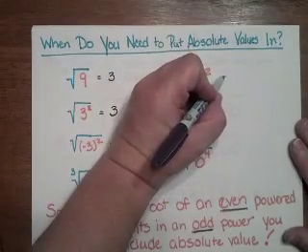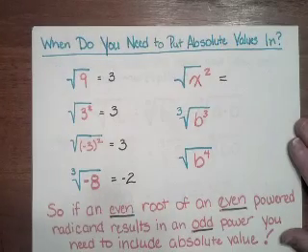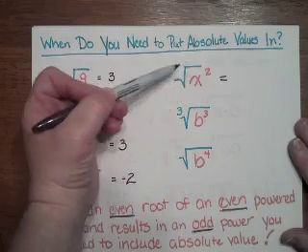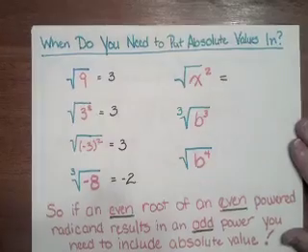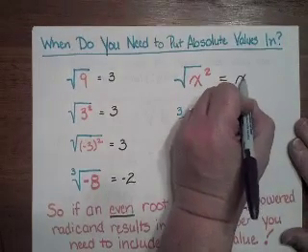So when I take the square root of x squared, I have an even power here, an even root, because there's like a 2 here. My square root of x squared is x.